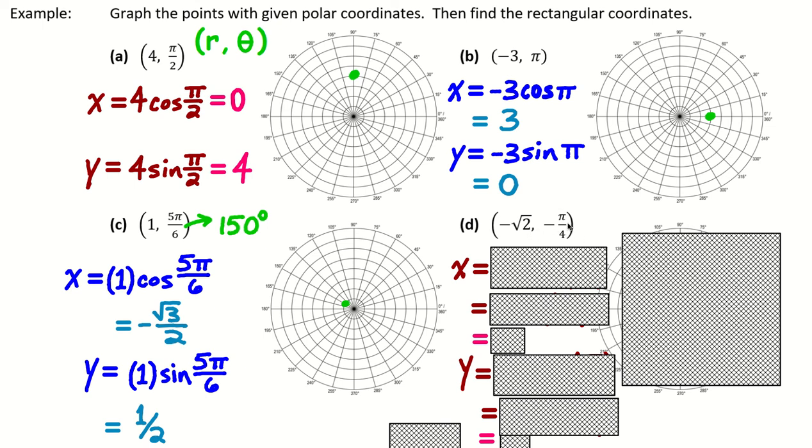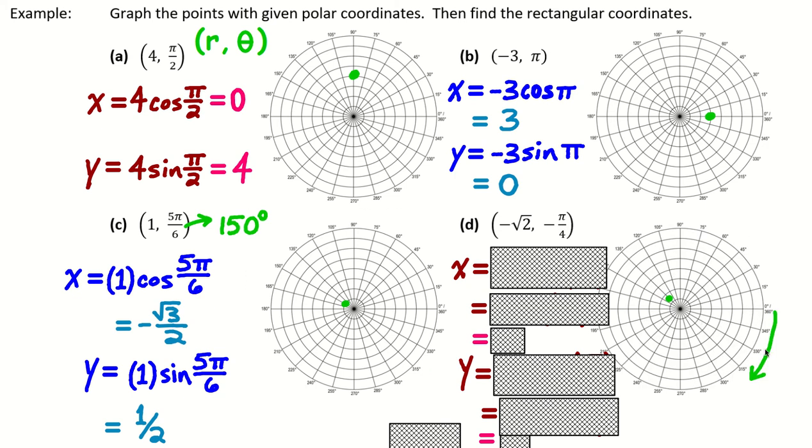So hey, remember this. I will slow down here. A negative angle, remember, what's the difference? Positive angles mean you go up and around from 0. A negative angle just means you start going down and around the other way. So negative pi over 4 is negative 45 degrees, so you end up here.